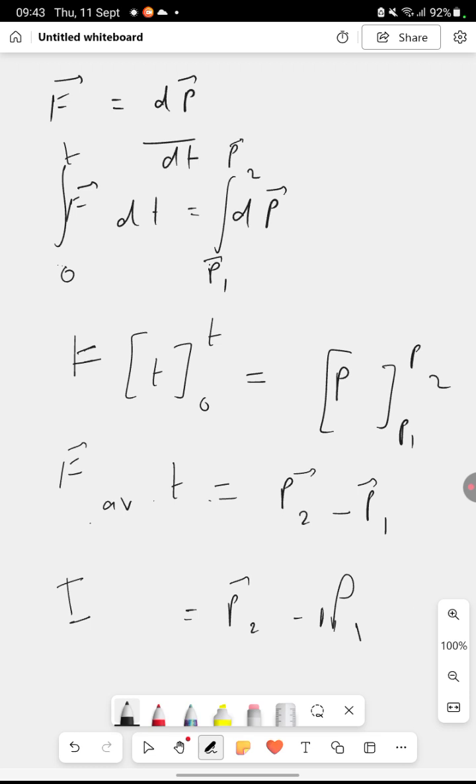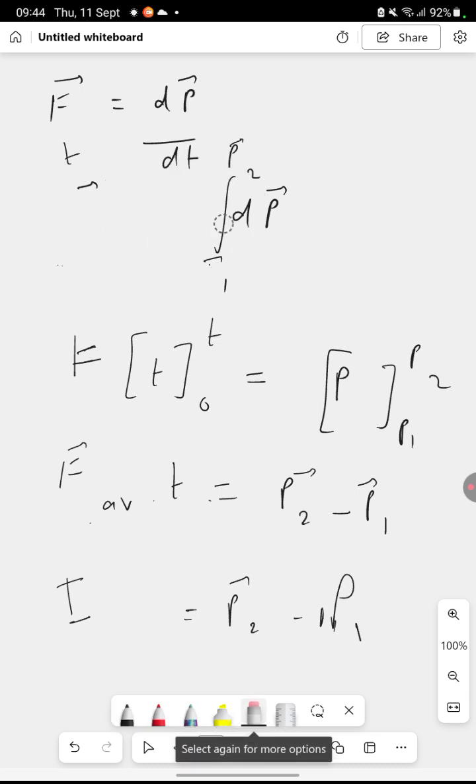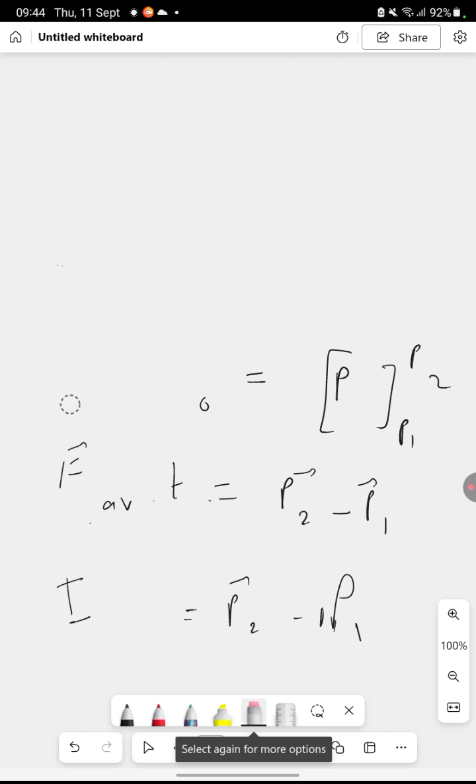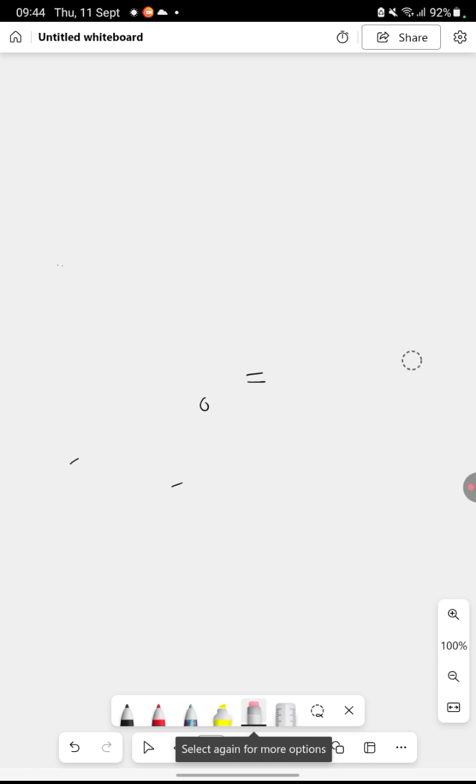Now we can write its SI unit and its dimension formula.